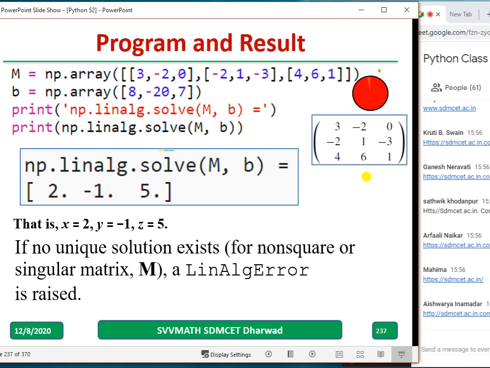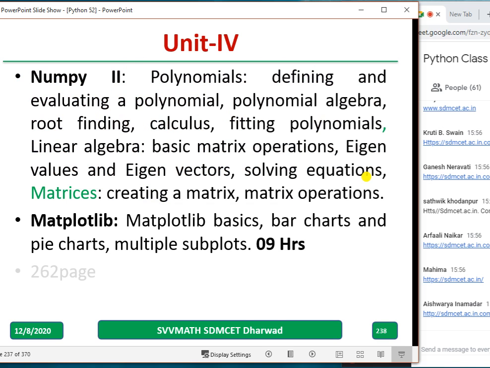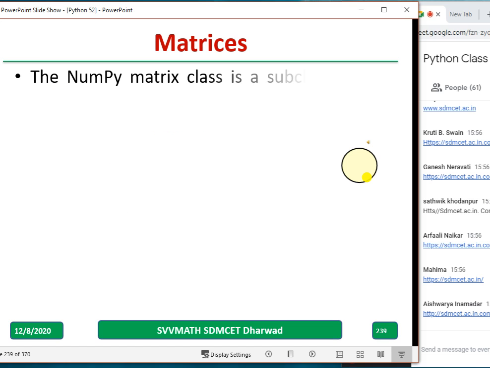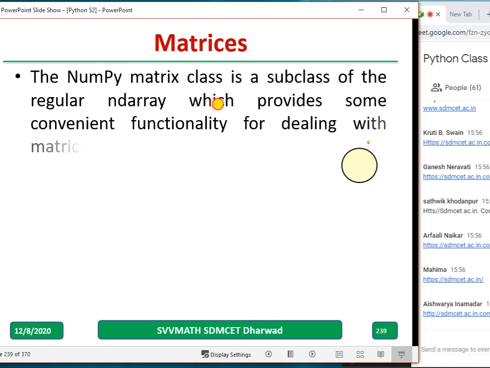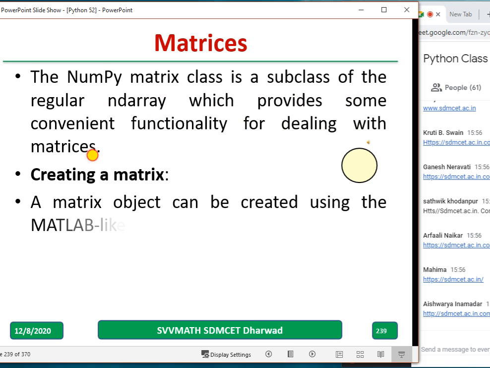Let me go to the next slide. We are going to discuss matrices now. All of you know, a NumPy matrix class is a subclass of the regular ndarray, which provides us some convenient functionality for dealing with matrices.